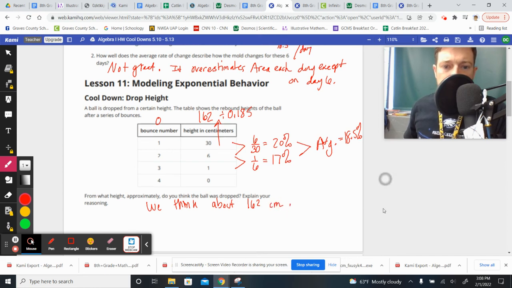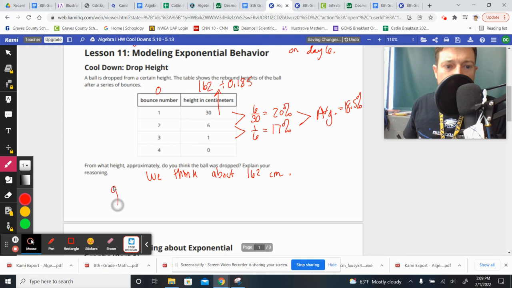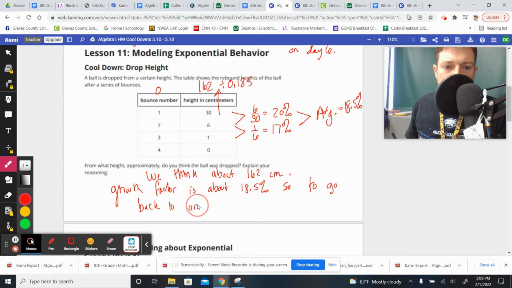Explain your reasoning. Growth factor is about 18.5%. So to go back to the original drop height, what did we do?